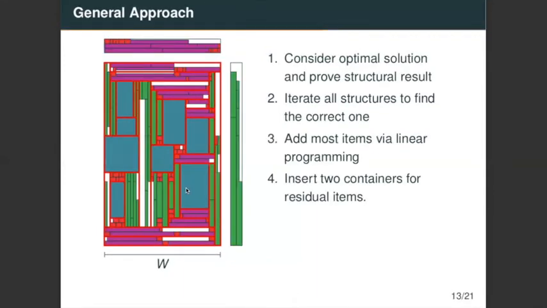Then they show that in order to pack the remaining items, having two extra boxes is enough. One box is basically a rectangular region of height opt and width epsilon w, and another one is a rectangular box of height epsilon opt and width w.